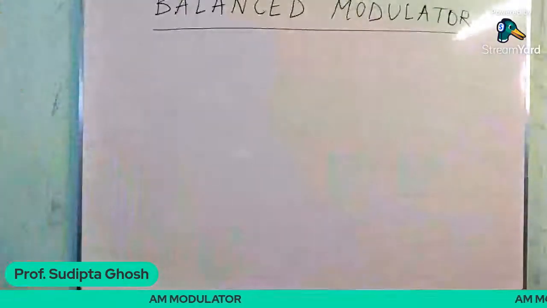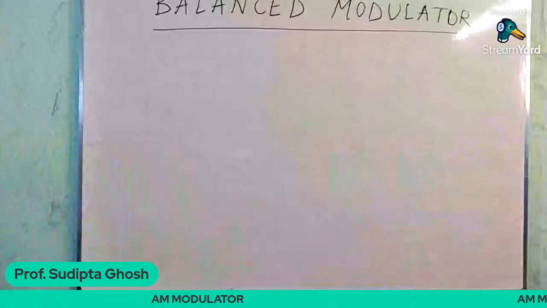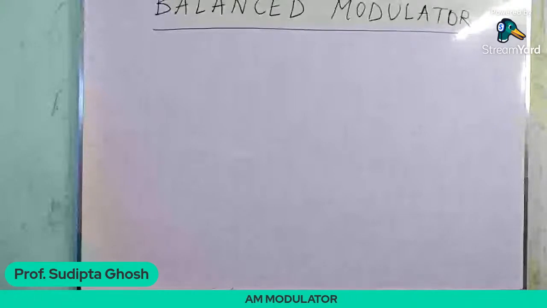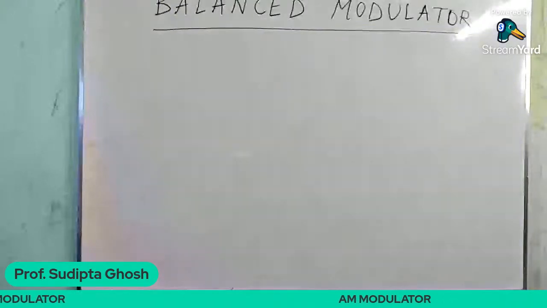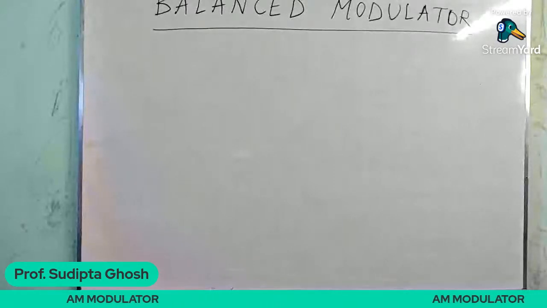This is basically an important modulator circuit for the amplitude modulation scheme. As we know, in most of the single sideband systems, we have already learned the single sideband system: SSB full carrier, SSB suppressed carrier, SSB reduced carrier.